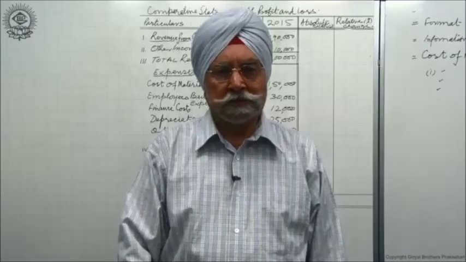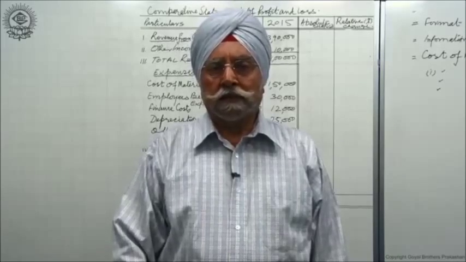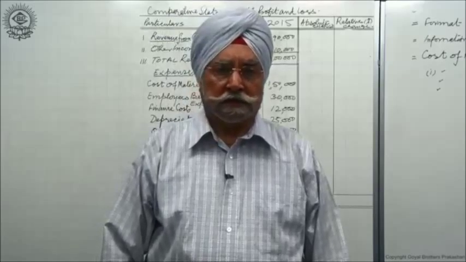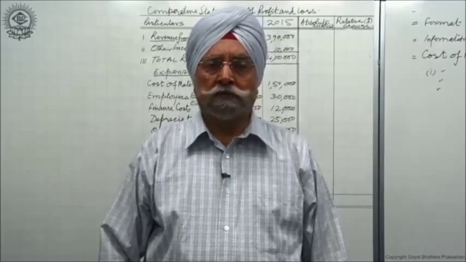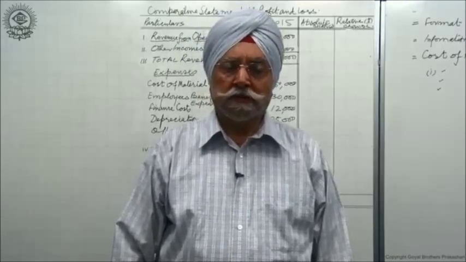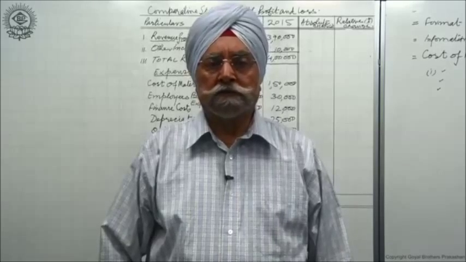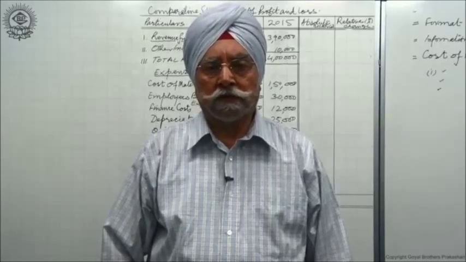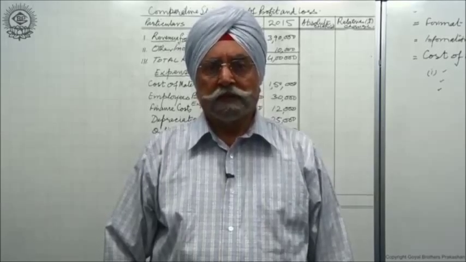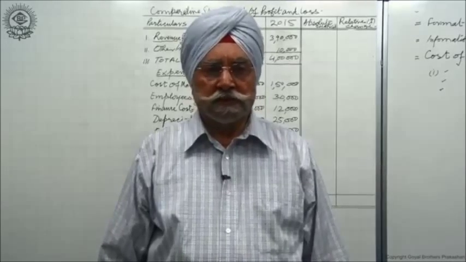The only difference is that in the balance sheet we compared the equity and liabilities and also the assets of year 2014 with year 2015. In this case, we will compare the statement of profit and loss for the year ending 2014 and for the year ending 2015. The procedure is the same.